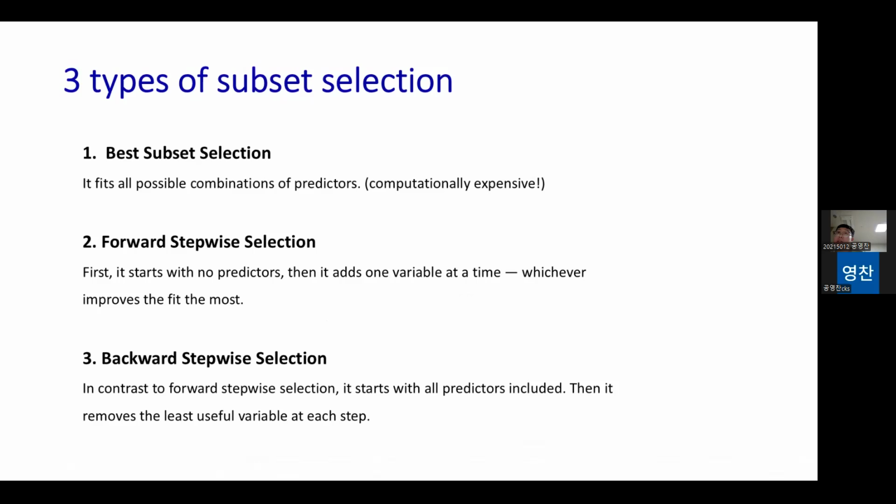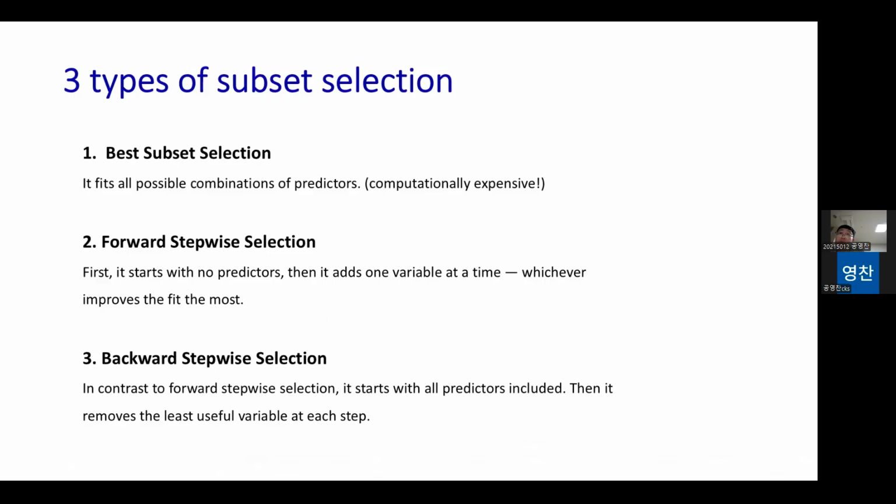Then let's talk about 3 types of subset selection. There are 3 common ways to perform subset selection. Those are best subset selection, forward stepwise selection, and backward stepwise selection. Let's briefly go through how each one works.